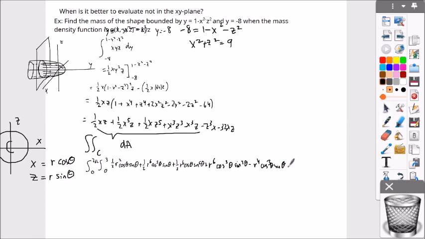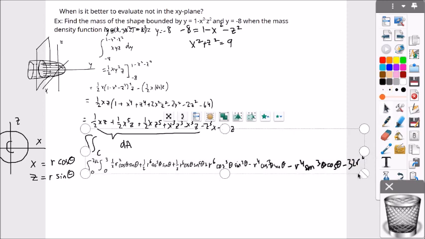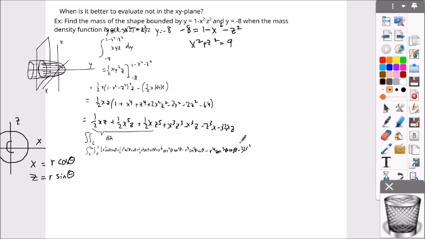Minus r to the 4th sine to the 3rd cosine, minus 32 r squared cosine sine, all of that in parentheses, r dr d theta. There you go. Evaluate that in your free time.